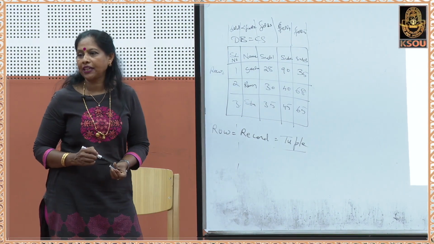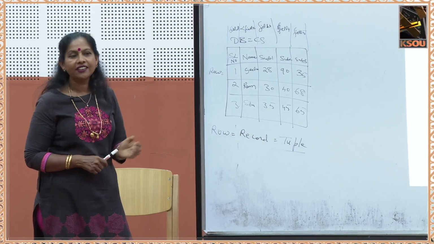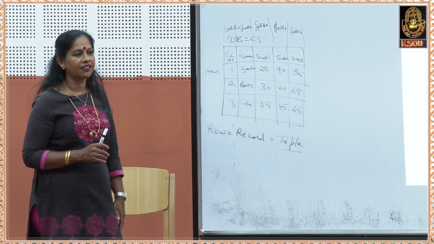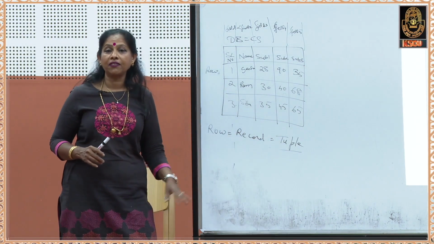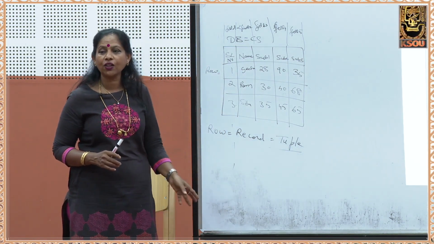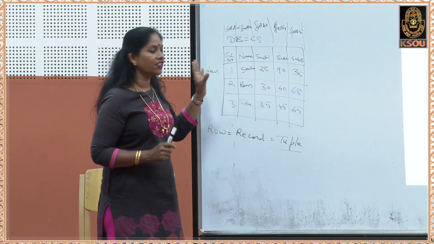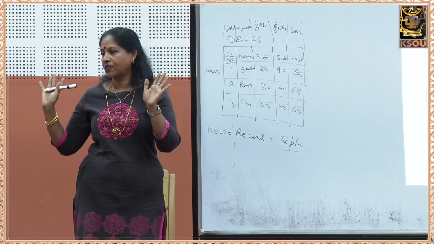Tuple, T-U-P-L-E. If I say tuple and attribute, you will not understand. That's why I have drawn the table. All computer science students will say tuple. They will not say row. So why I have drawn row means record. Like that you remember. Record is nothing but tuples. Okay?